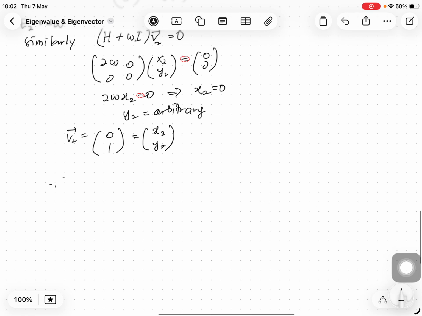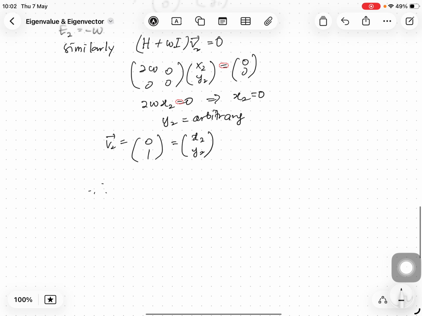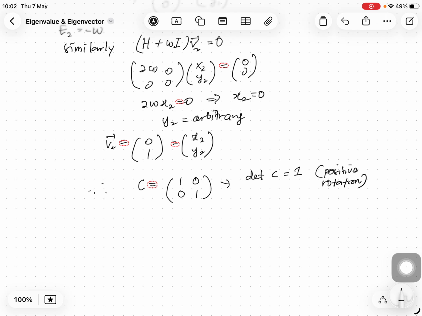If you want to diagonalize, your C here is actually 1, 0, 0, 1. So the determinant of C is definitely 1. It's a positive rotation. That's how we did it.